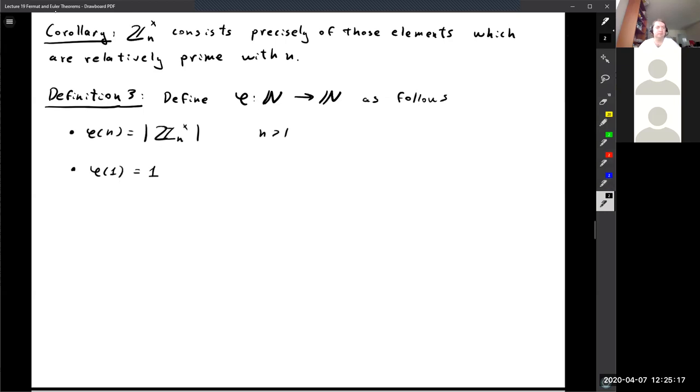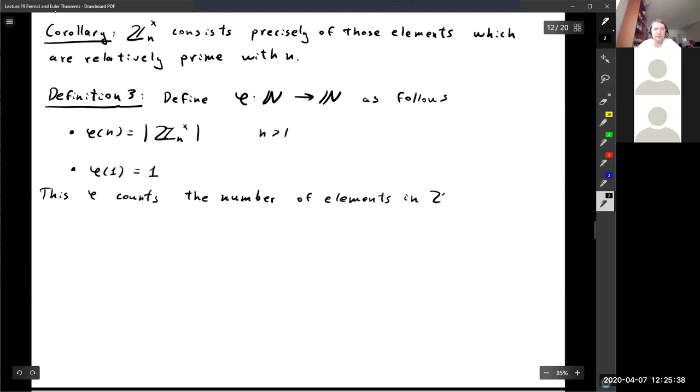So this phi counts the number of elements in Zn which are not zero divisors.